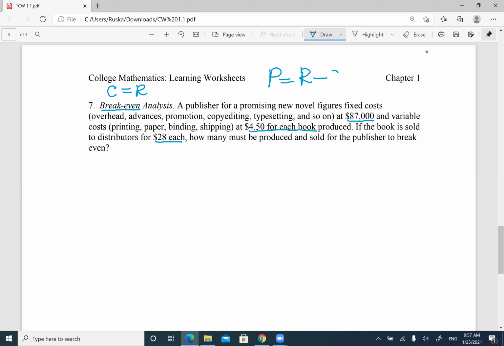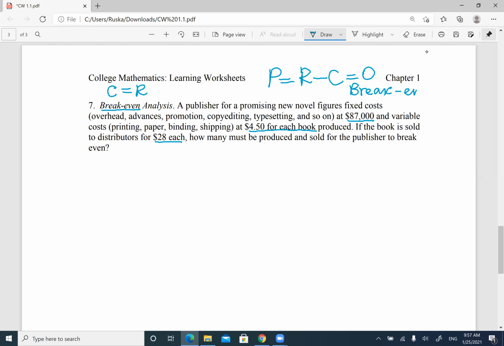That's how you calculate the profit function always. From the revenue, from what you're selling, when you subtract the expenses, it's going to give you your profit. How much money you gain, or if you lose money. So if the profit is 0, then you have break even.